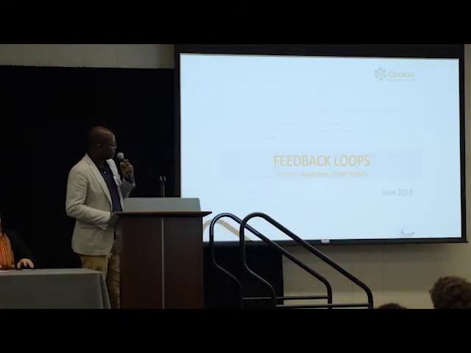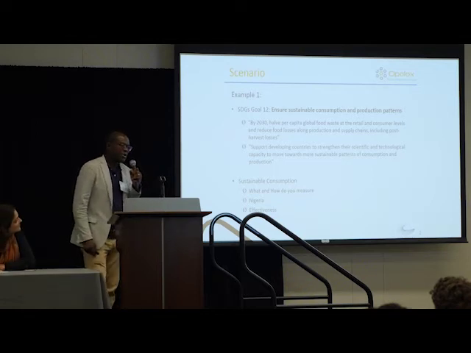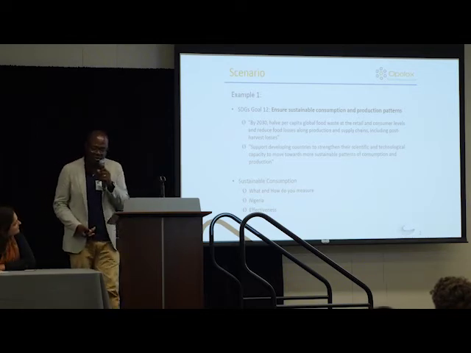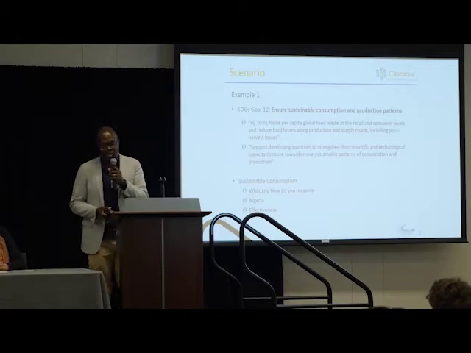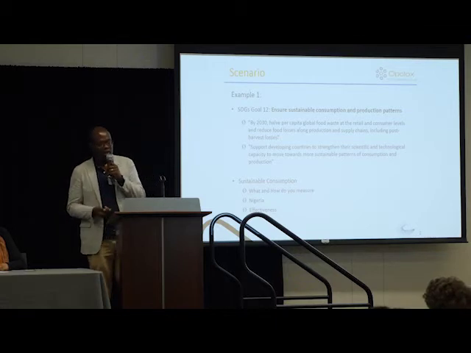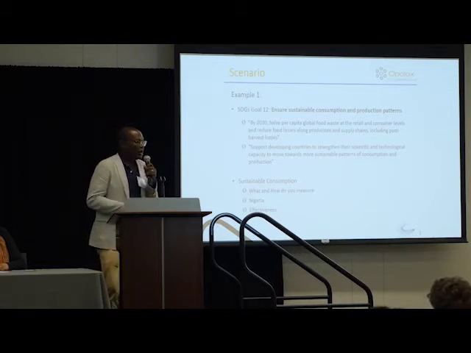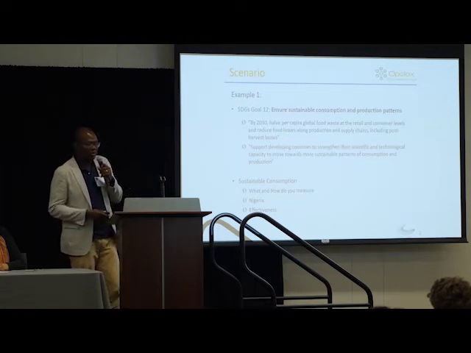So, feedback loops. Basically, the Sustainable Development Goals are part of the UN resolution. They were adopted by member states, to be fulfilled by 2030. One of them is what you call sustainable consumption.